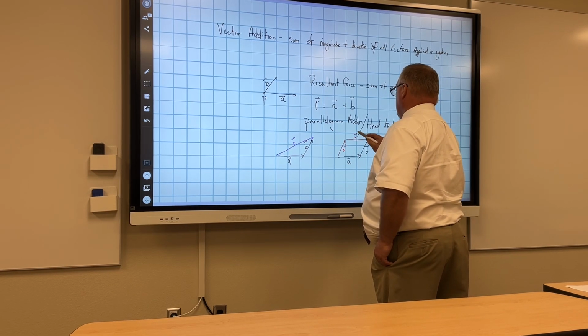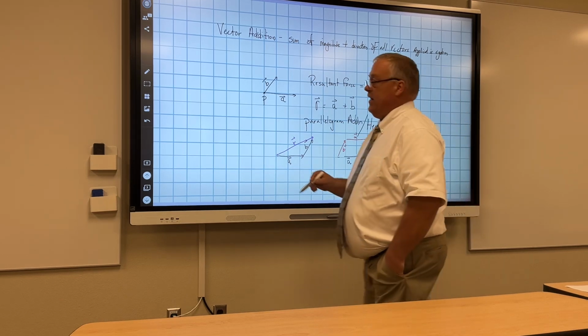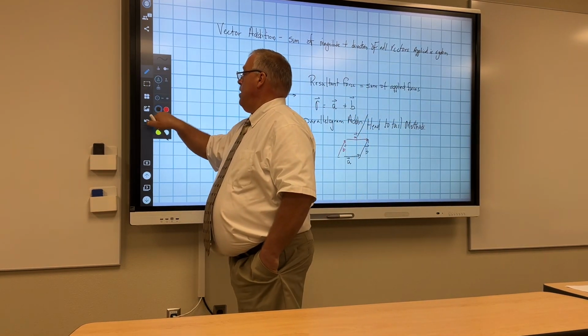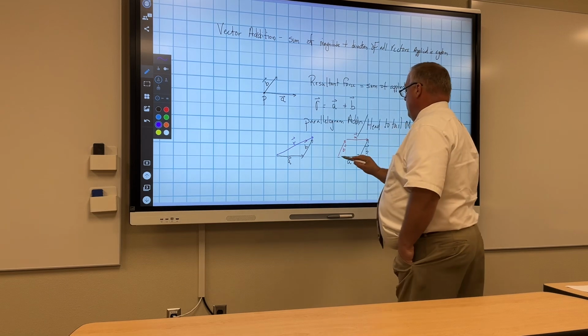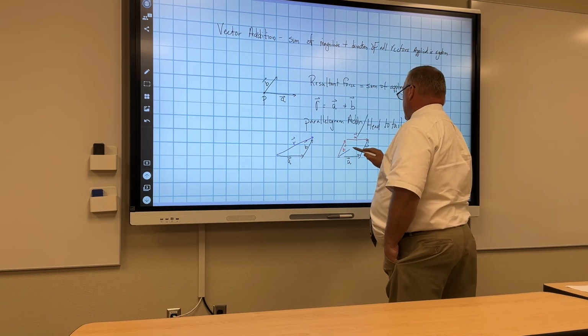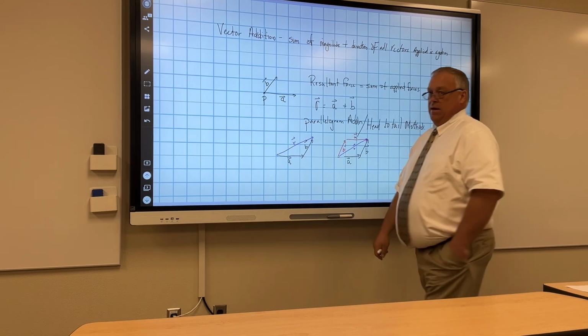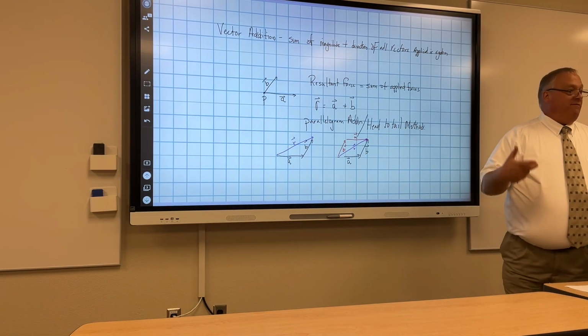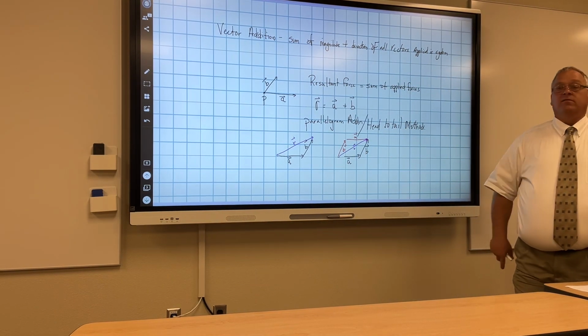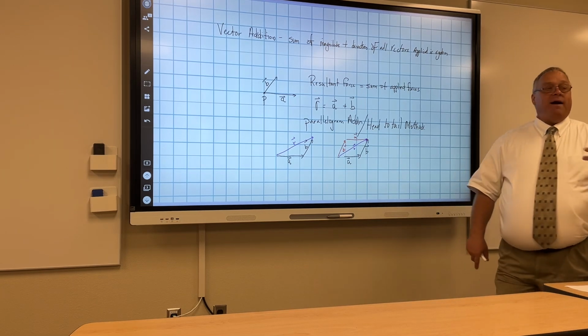So that we've got a parallelogram. And our resultant goes from where we started to where we ended at. Okay? So we have those two methods to describe our vector addition.